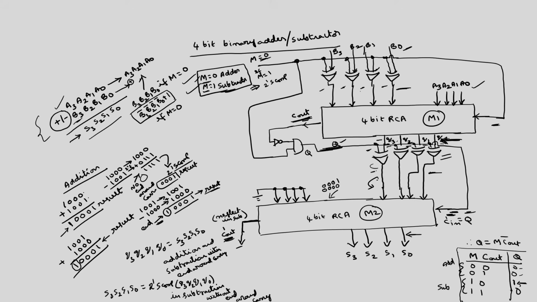Now we can even instantiate this 4 bit ripple carry adder. The name that I have given is 4 bit underscore ripple carry adder. So 2 such modules you can instantiate with some additional circuitry to implement a 4 bit binary adder subtractor. Now, what will be the Verilog code corresponding to this one? Simply, this circuit we are going to map onto the code.